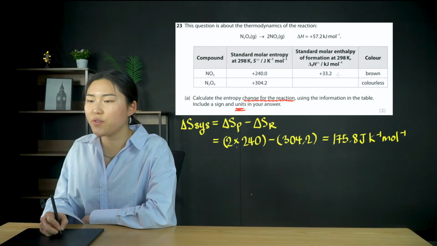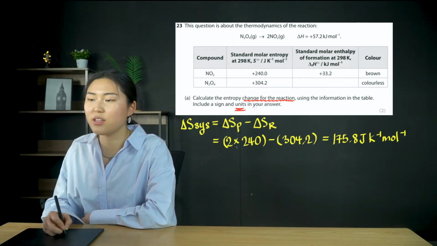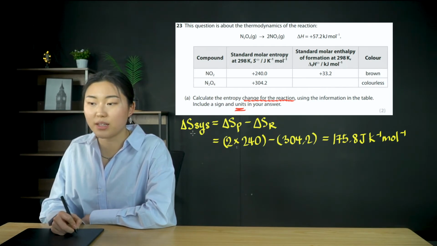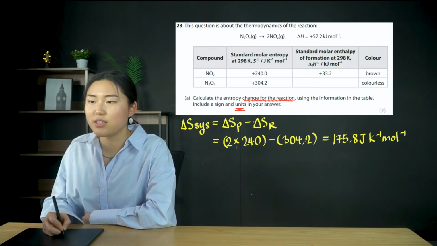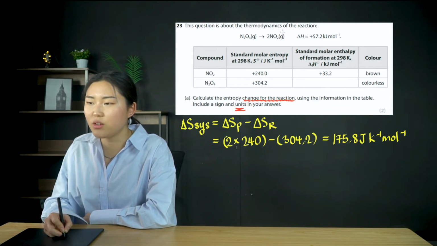So what we need to do first is calculate the entropy change for the reaction using the information in the table, including a sign and units in your answer. So we have delta S of system, which is basically calculated with the entropy of products minus entropy of reactants. The product is 2NO2, right? So we need to times 240 by 2.